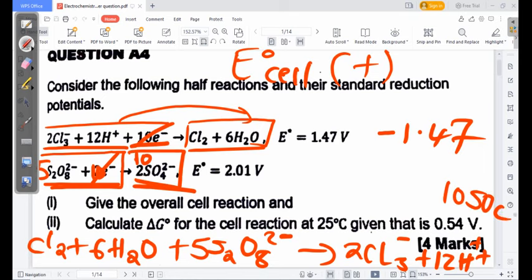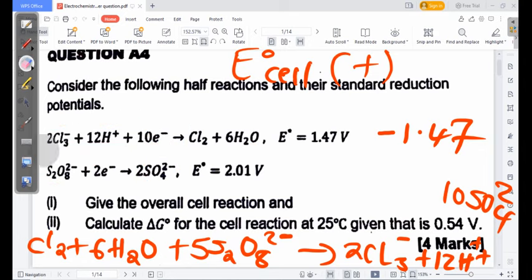I don't have enough space, I was just guiding you. I believe you know how to go about that now. Just reverse, add the reactants together and the products together, come up with one reaction. That's how you come up with your overall cell reaction.